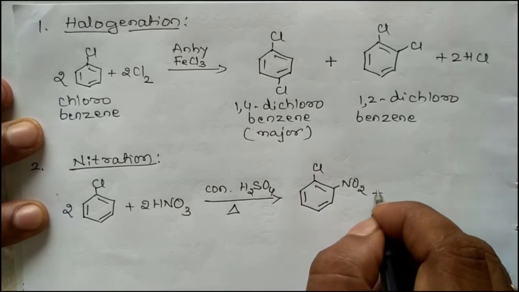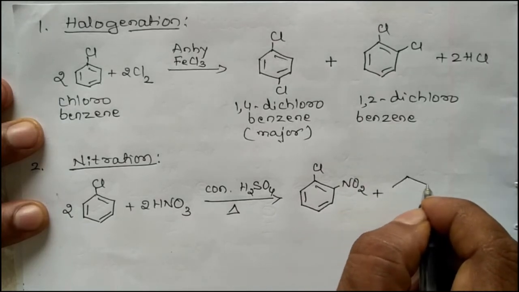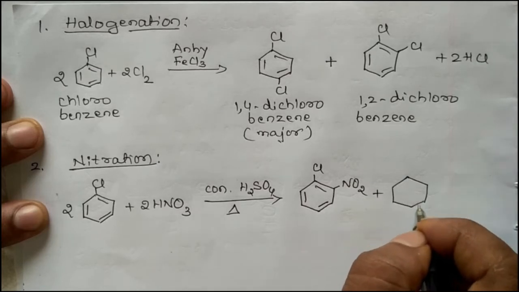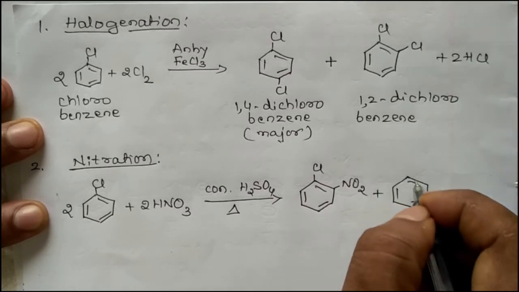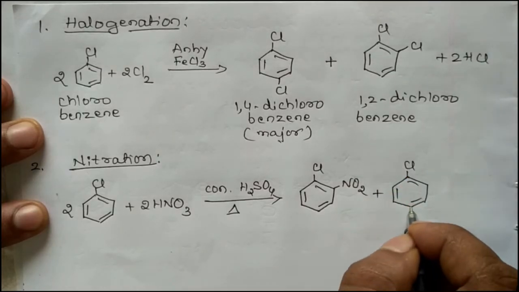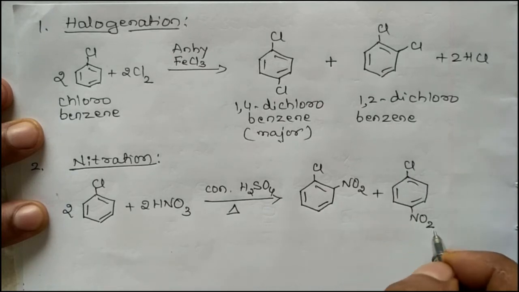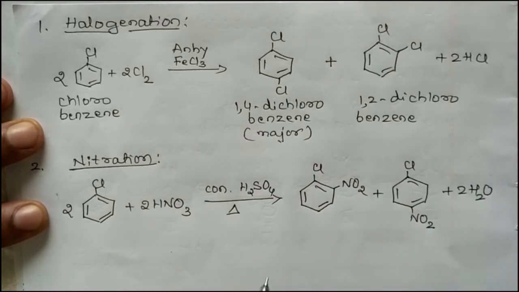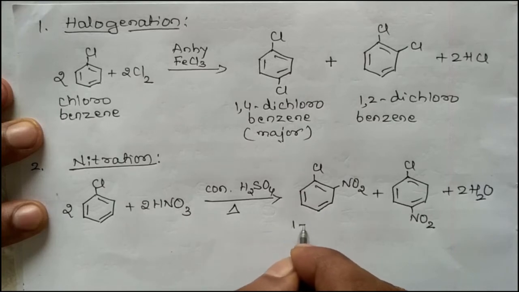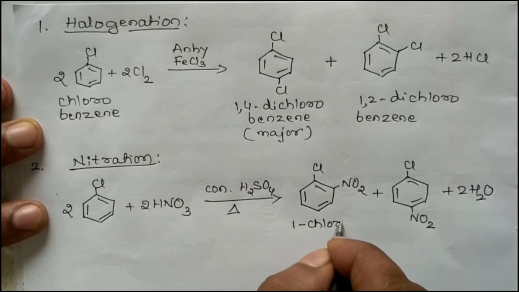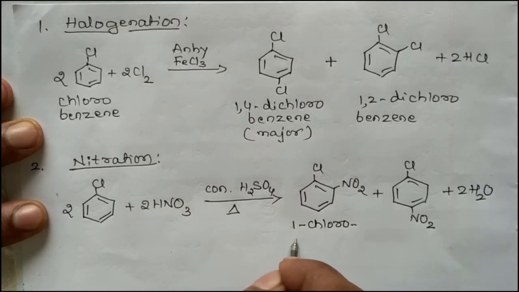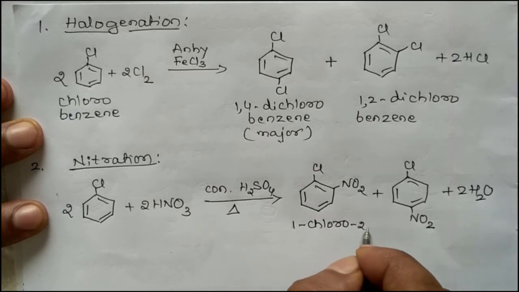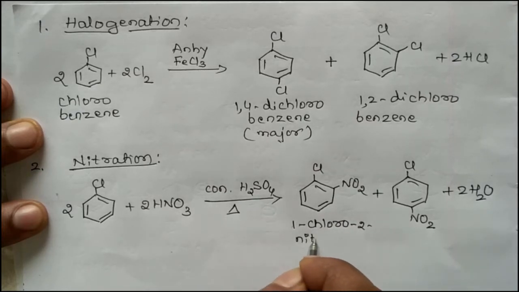This is the ortho substituted product, and this is the para substituted product, plus H2O. The IUPAC name is 1-chloro-2-nitrobenzene.